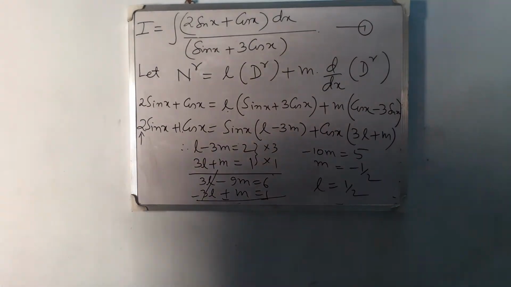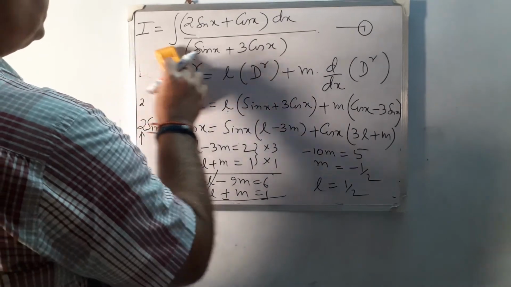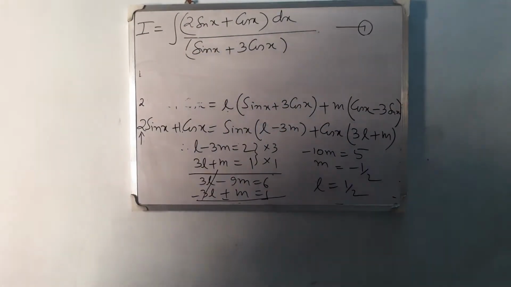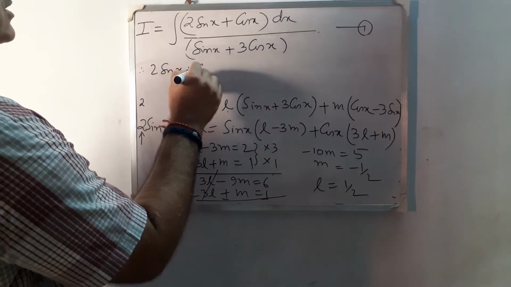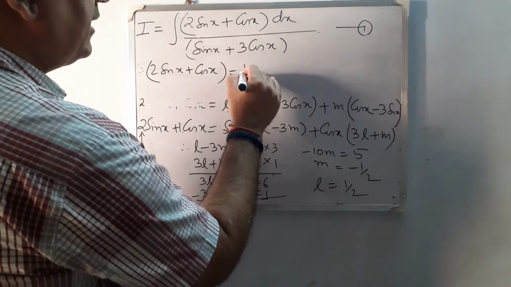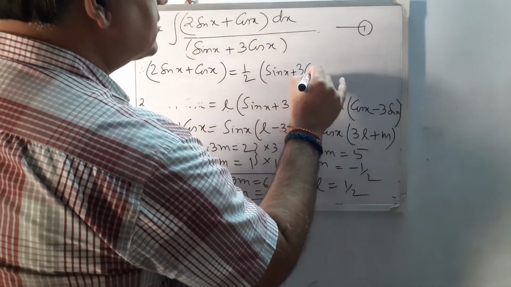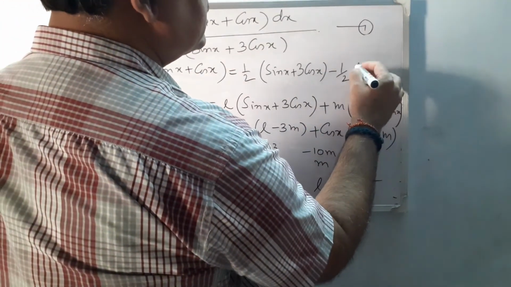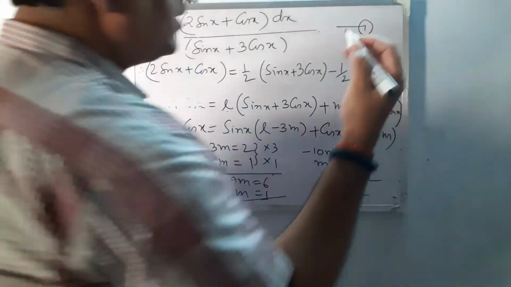So now how can we express it? Therefore, you have to write: 2 sin x plus cos x, that is the numerator, is equal to L, meaning half, times sin x plus 3 cos x, then minus half times cos x minus 3 sin x.